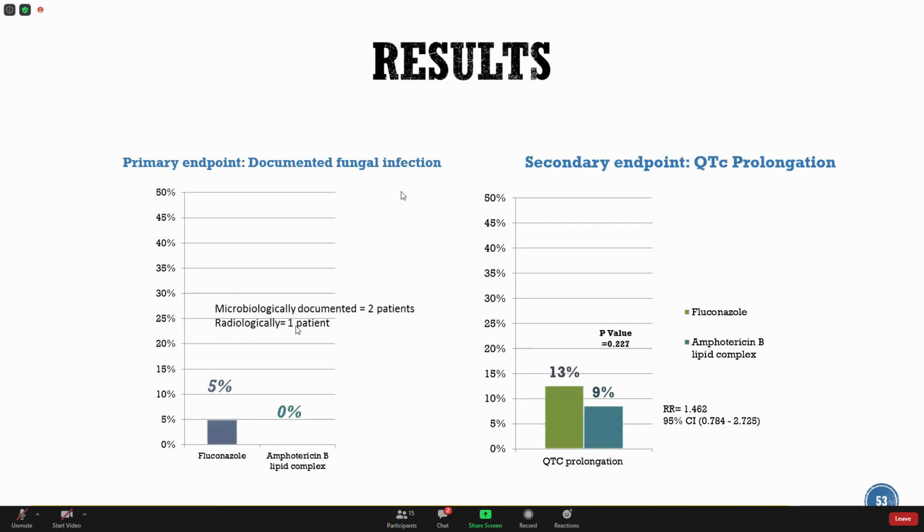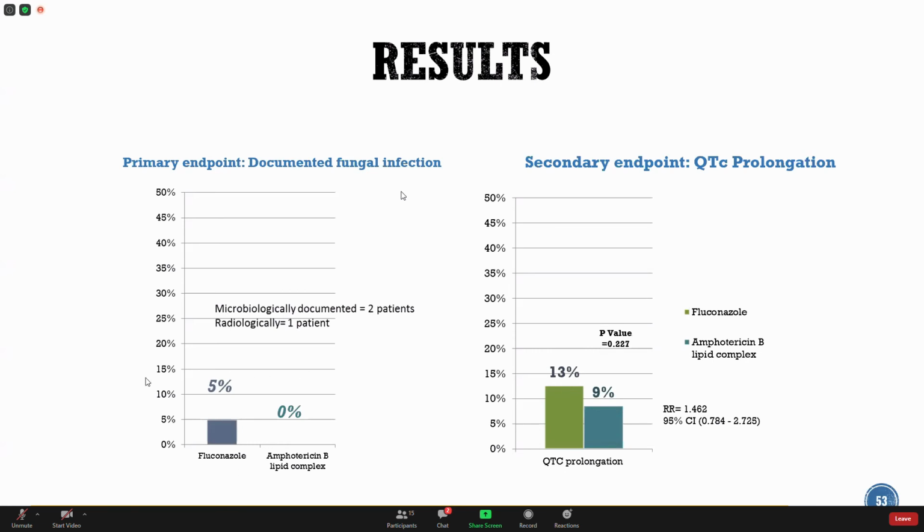Actually, these patients had infection prior to coming to the hospital, before the diagnosis. At the time of diagnosis, they had some kind of radiological clue, and the other patient had a microbiologically documented infection. We also had a crisis of mucormycosis in 2011, and one of the patients was from there.